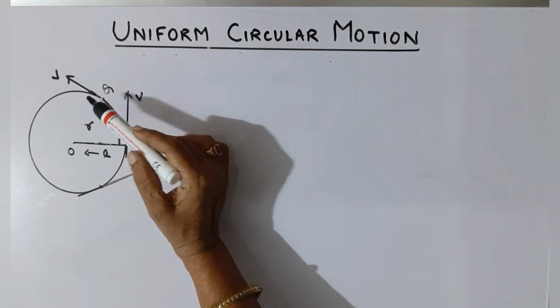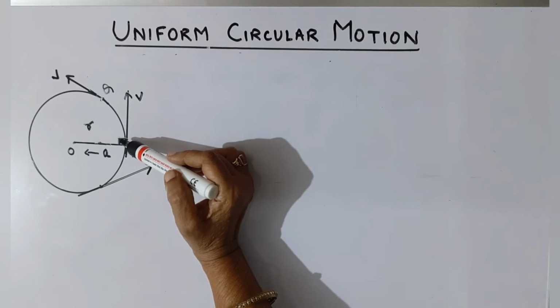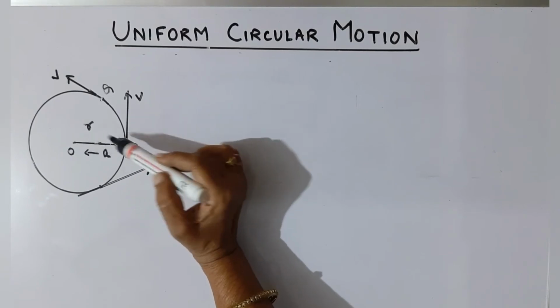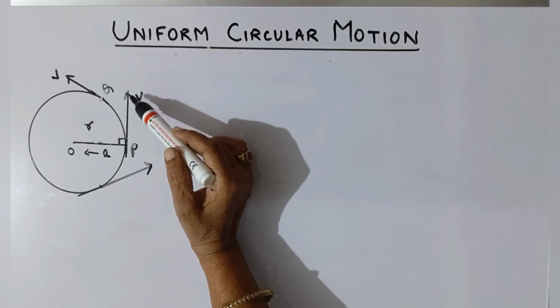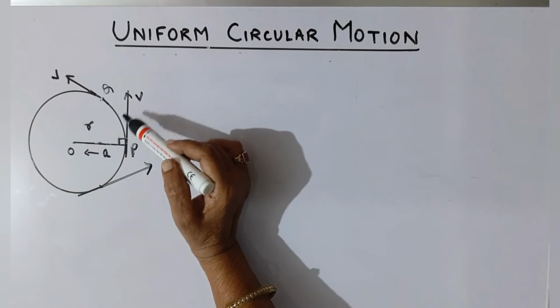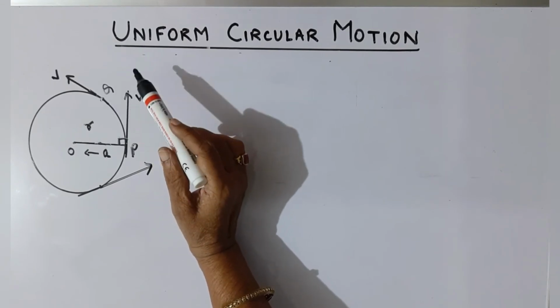At every point the direction is different, but we can find out the direction. At any point the direction of the velocity is in a direction perpendicular to the radius. So if there is a change in velocity, there must be an acceleration. So we can say that this uniform circular motion is actually an accelerated motion.